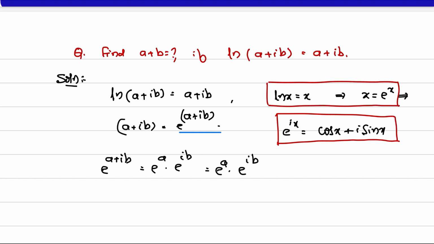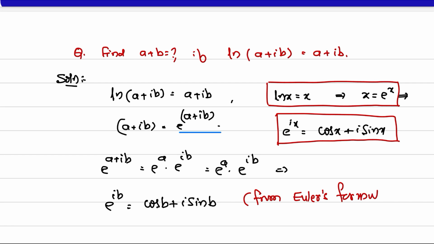Now, e to the power of ib will be cos b plus i sin b. Do you agree? This is Euler's formula, which I have explained in detail to you on many occasions.